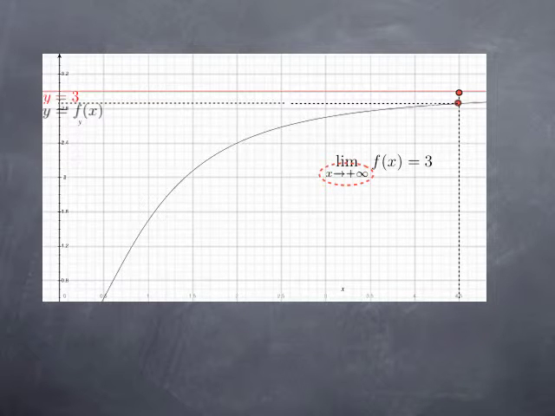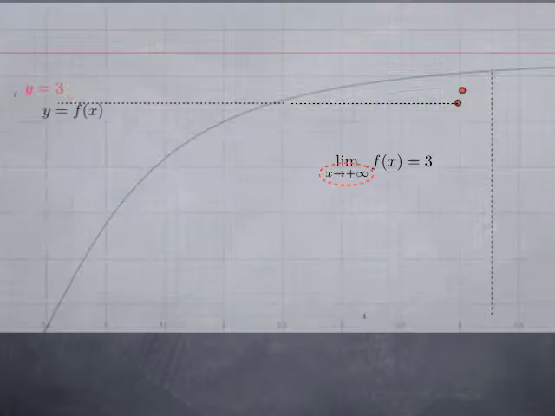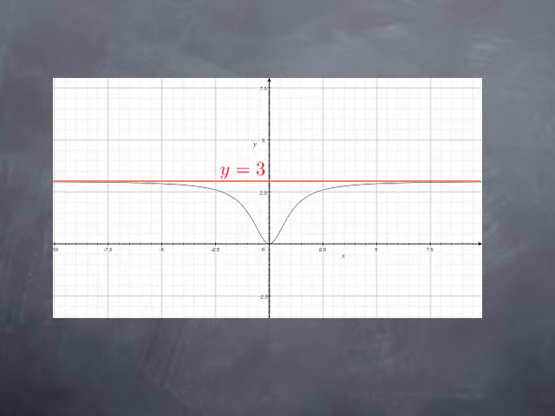This symbol indicates that x grows without bound. Now graphically you see that that means that the graph of the function is getting closer and closer to the line y equals 3 on the right hand side of the graph.